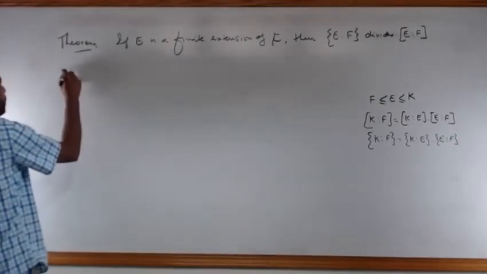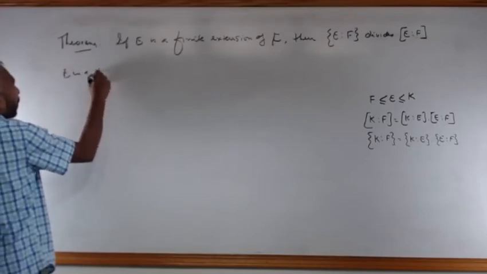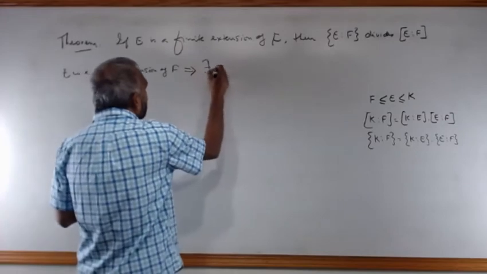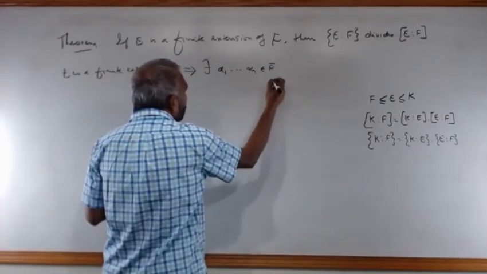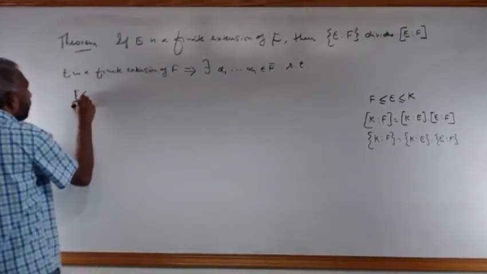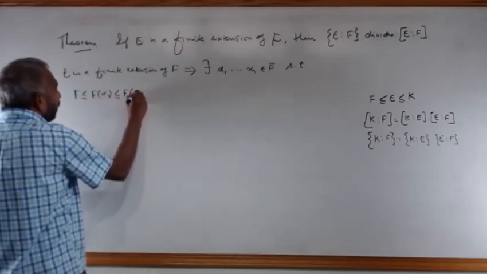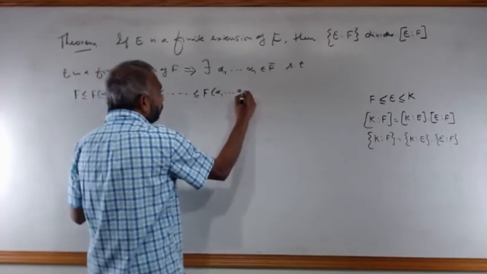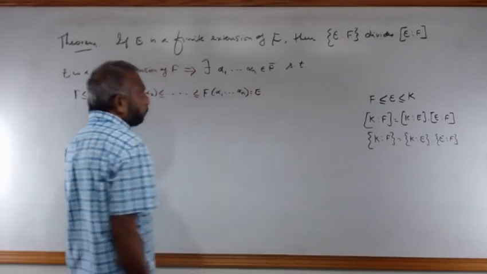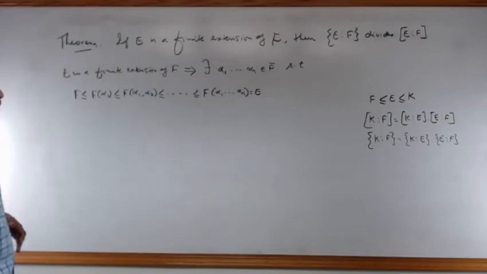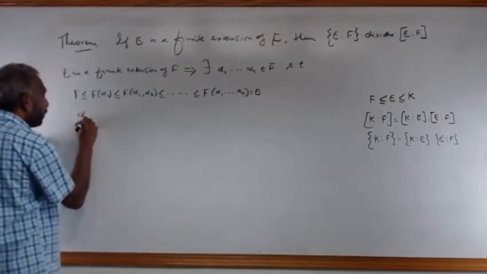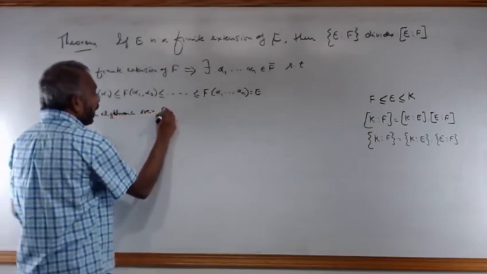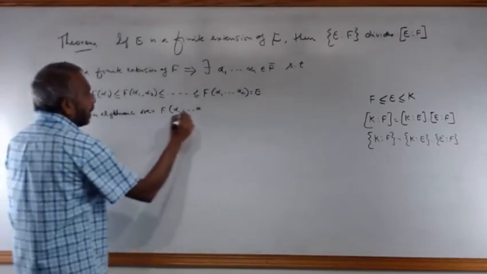Proof is very simple. We'll first assume that E is a finite extension of F, and that implies there exist alpha 1, ..., alpha n in F closure such that F is a subfield of F(alpha 1), which is a subfield of F(alpha 1, alpha 2), and so on up to F(alpha 1, ..., alpha n), and that is equal to E. In this case, alpha i is algebraic over F(alpha 1, ..., alpha i minus 1).